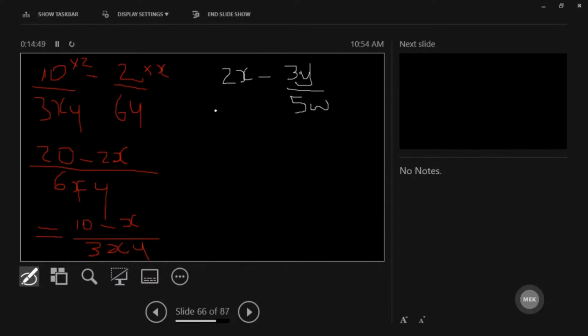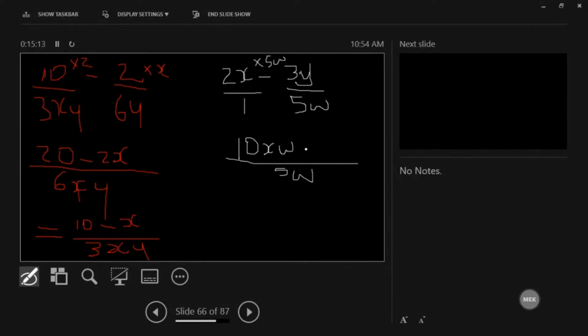All right, so 2x minus 3y over 5w. So let's put this over 1. And the LCM here then would be 5w. So 1 into 5w goes 5w. And 2x times 5w is 10xw.